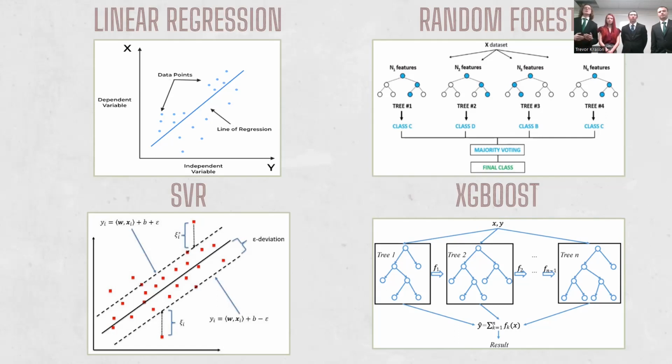And that is somewhat similar to the XGBoost regression, which still works with trees, but instead of a random forest, it uses gradient boosted decision trees.